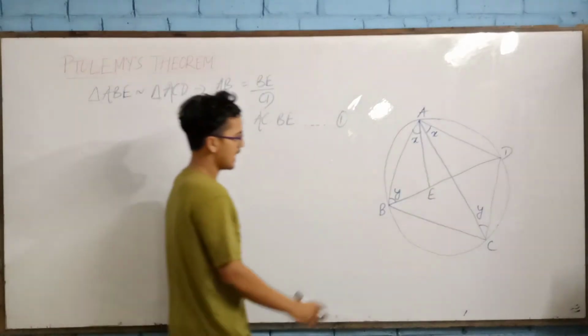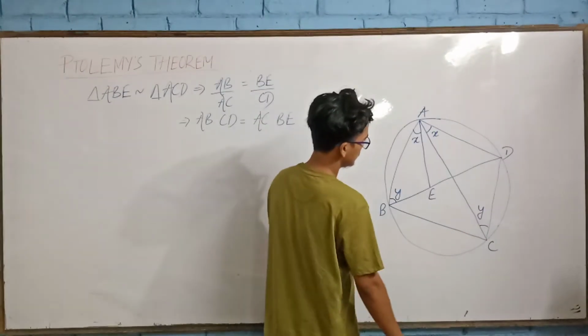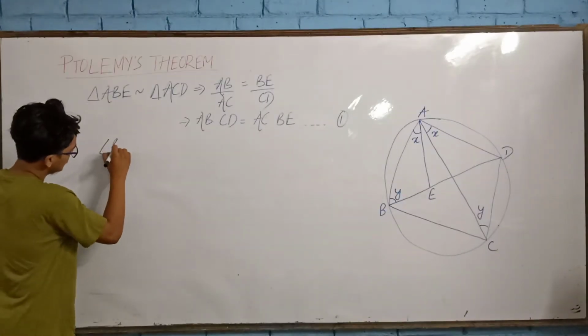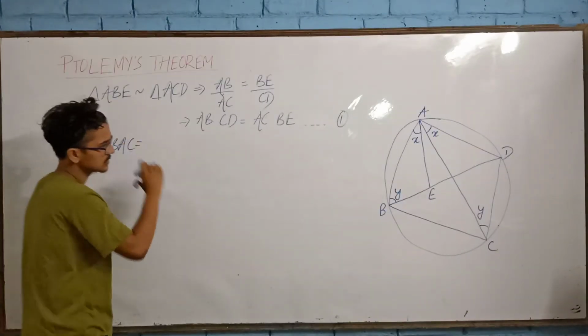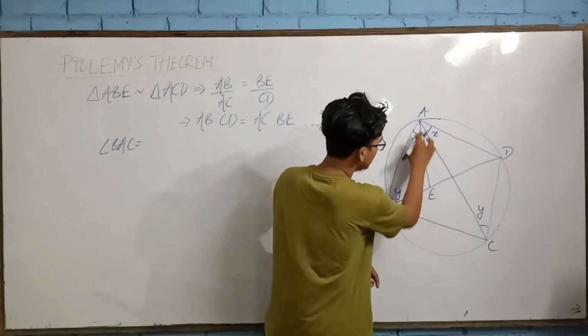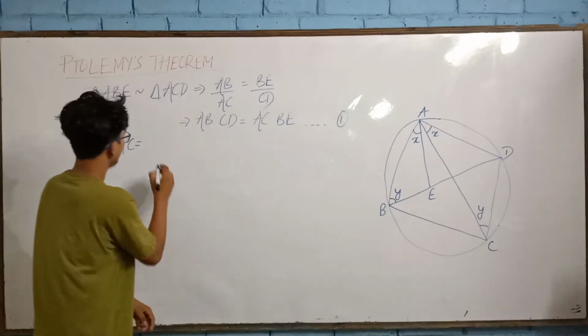Now angle BAC equals angle BAE, that is X, plus angle EAC.